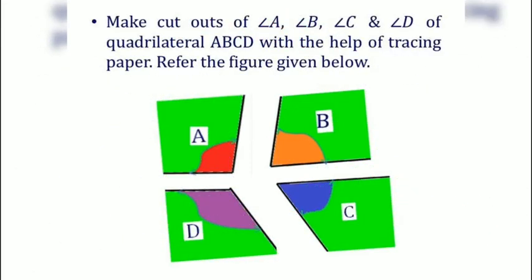Then make cutouts of angle A, angle B, angle C and angle D of quadrilateral ABCD with the help of tracing paper. Refer to the figure given below.